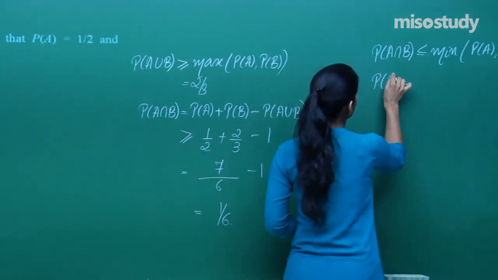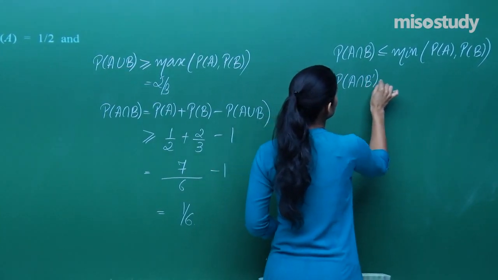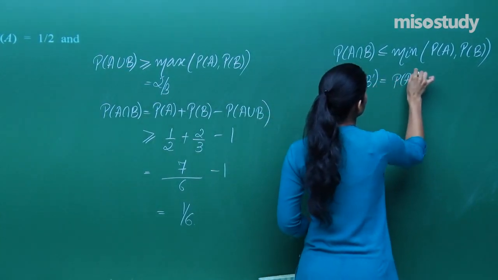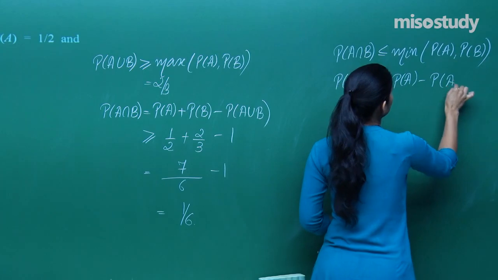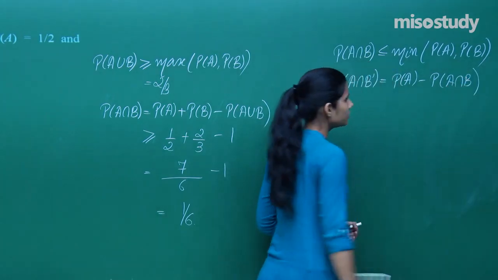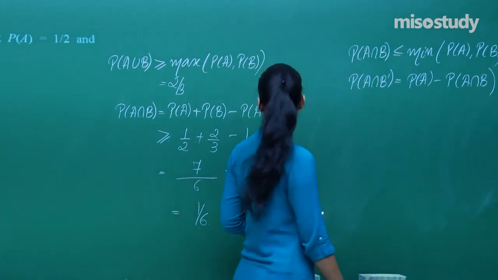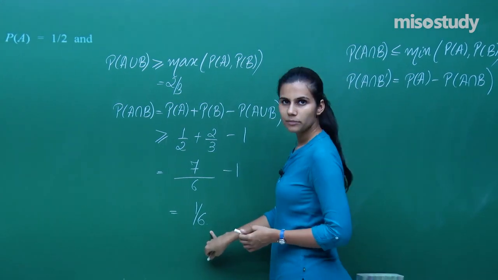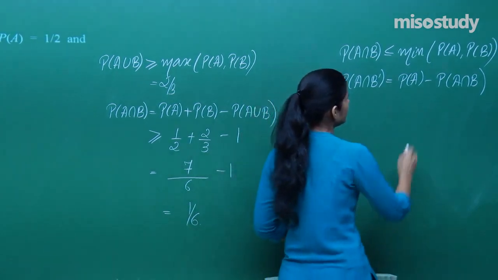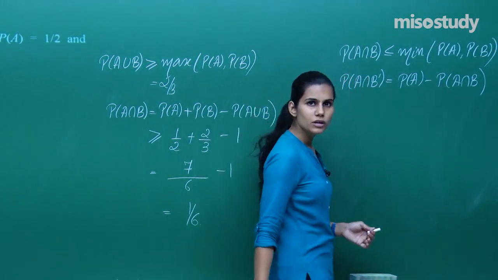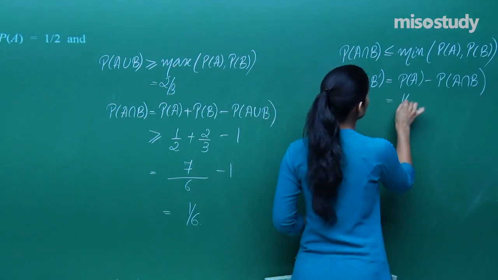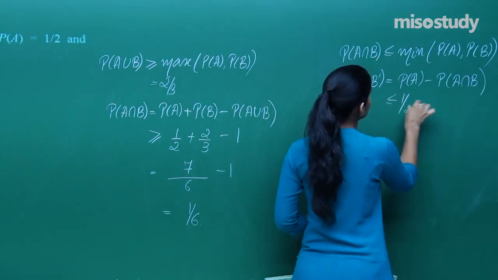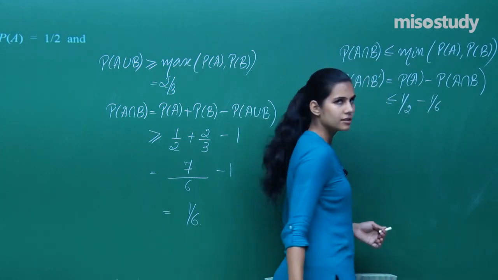So probability of A intersection B dash is probability of A minus probability of A intersection B. Now probability of A intersection B is greater than equal to 1 by 6. So negative of it is less than equal to minus 1 by 6.